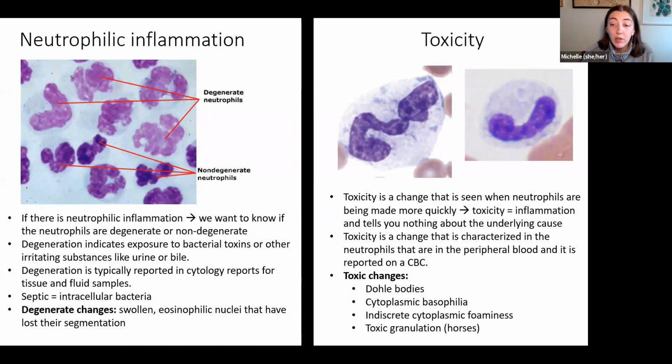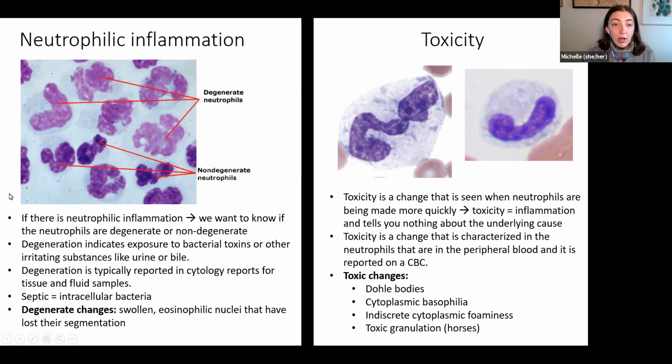It just tells you that you have neutrophils that are being made more quickly. And so, like I said, it's something that we only report on a CBC. The toxic changes that we see are Döhle bodies, which are the little blue aggregates, cytoplasmic basophilia, indiscrete cytoplasmic foaminess, and toxic granulation we'll sometimes see in large animals.